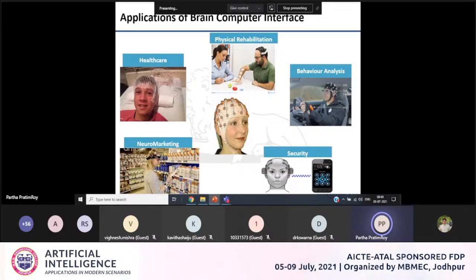From this we can also use neuromarketing and security. Neuromarketing means, for example, one goes to the market and looks for some products, and maybe he's very interested in a product, or he's not interested. If he's not interested, then this EEG machine tells the company that these products are not so attractive, so they need to change.